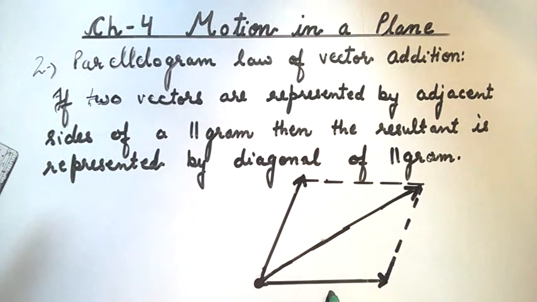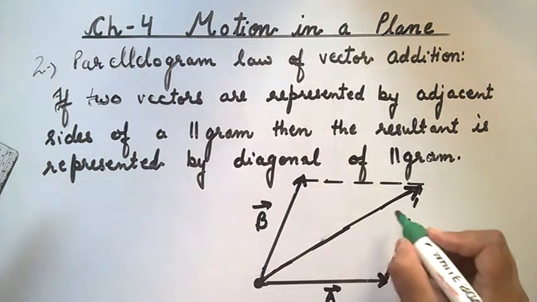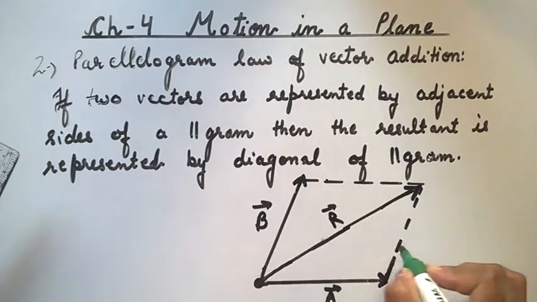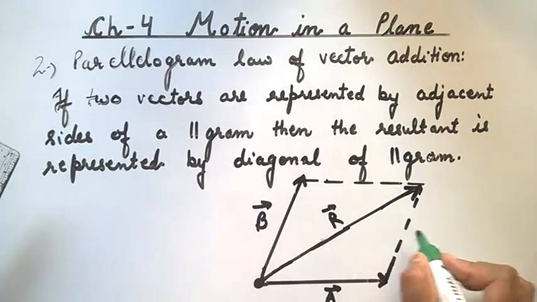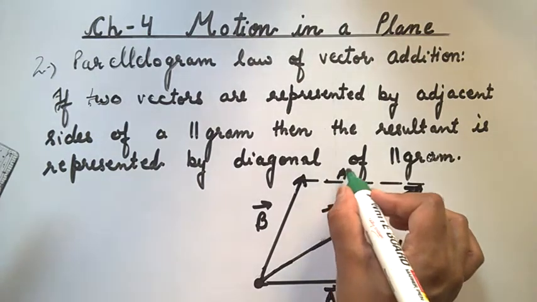So let us suppose this is A vector and this is B vector. So the diagonal will give its resultant. Parallel to B is this side, parallel to A vector is this side.